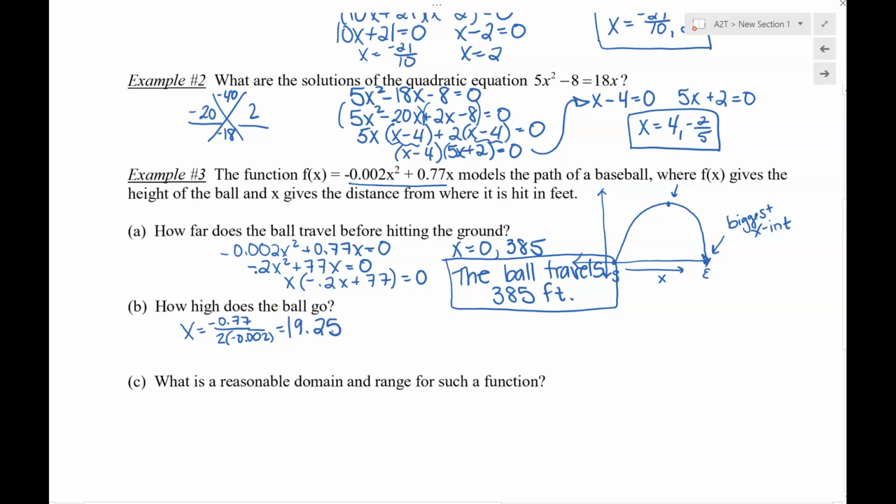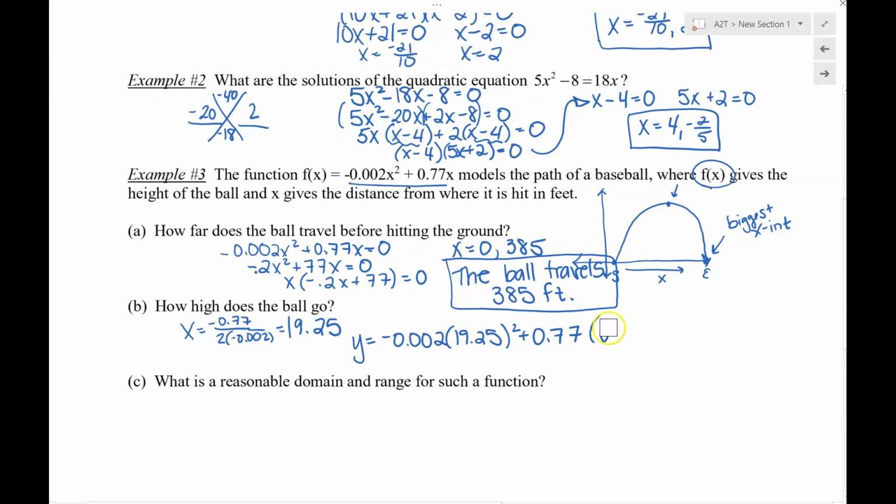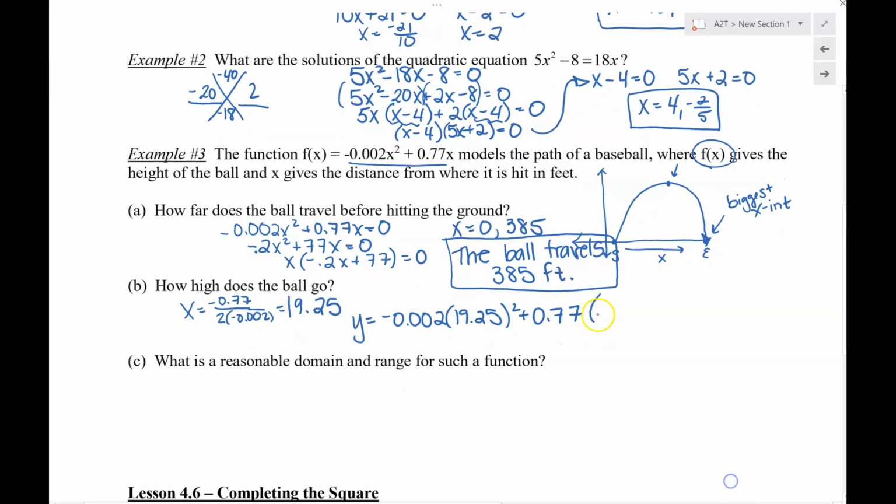Okay, but that's not the height. Remember, height is represented by f of x. So we need to plug that in for every x value to find our corresponding y value. Remember, we're plugging in our h that we found for each of the x values. And go ahead and use your calculator.